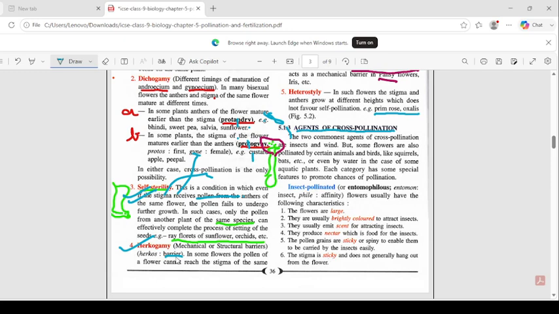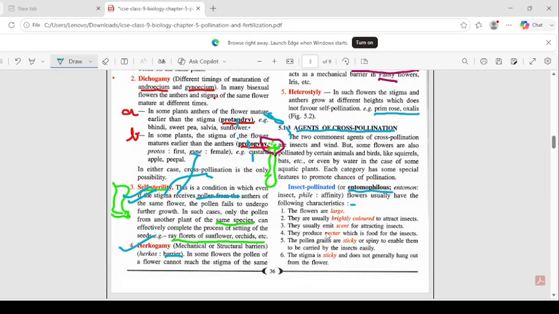Insect pollination is called entomophily and the flower is called entomophilous. Entomophilous means the flower which has insect pollination, whereas entomophily is the condition or process of pollination by insect.